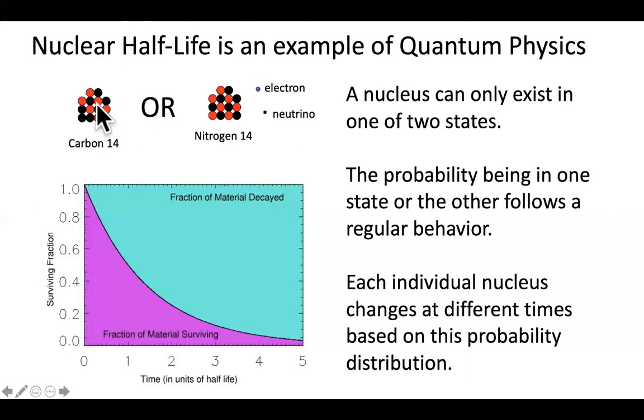Some carbon-14 nuclei will only last a day. Some will last hundreds of thousands of years. Very few last either of those extremes. Most of them decay around 5,000 years, but a group of them follows this predictable behavior. So individual events are not predictable, but collections of them are.